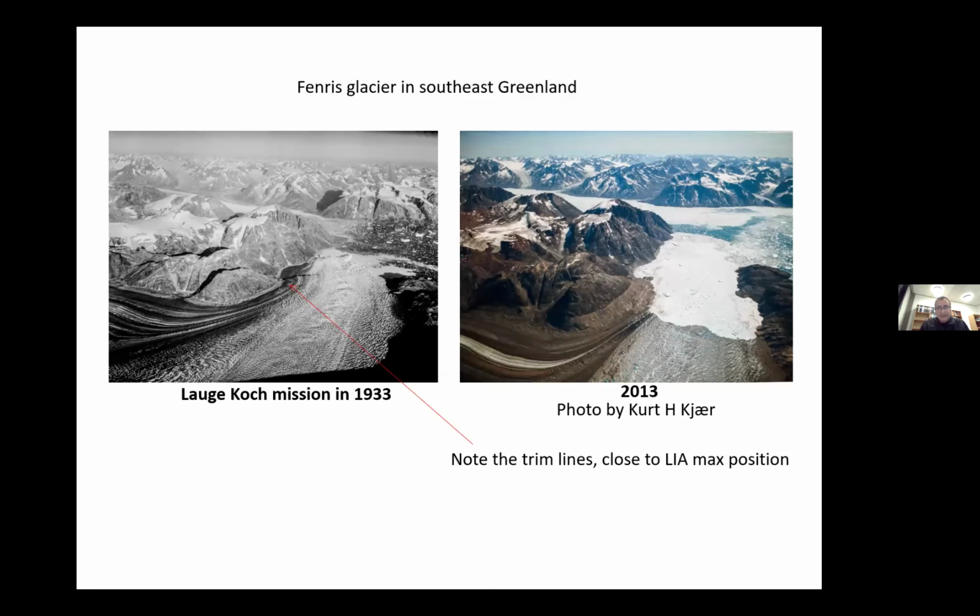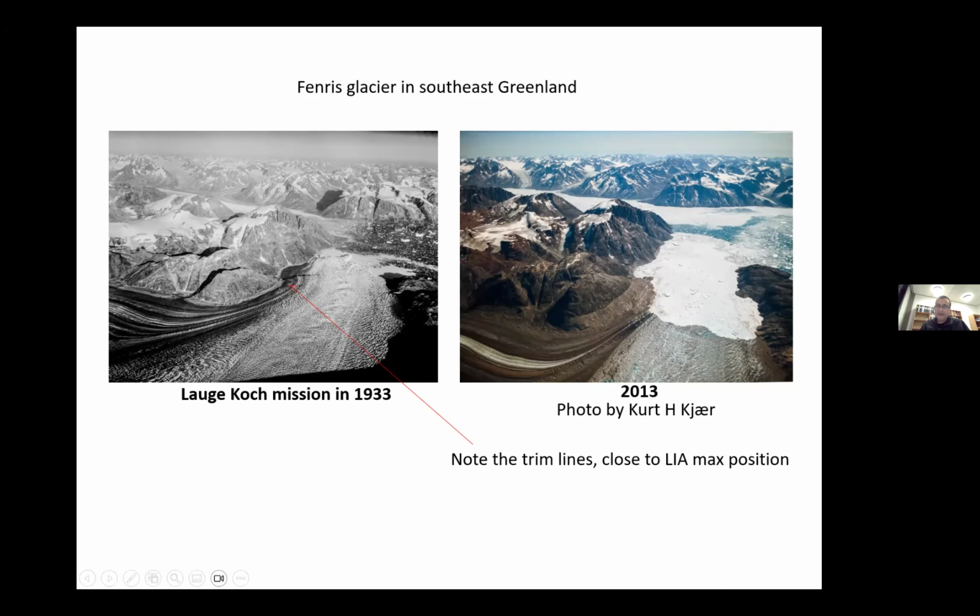Here's an example of the difference between retreat and thinning of the glacier. The first one here is from the Lauge Koch mission in 33, and the second image is from 2013.